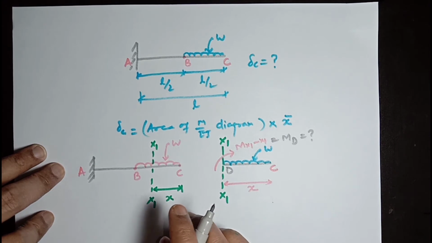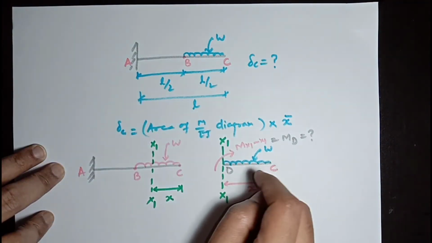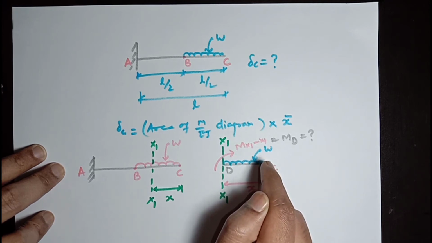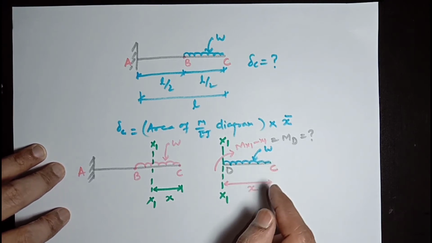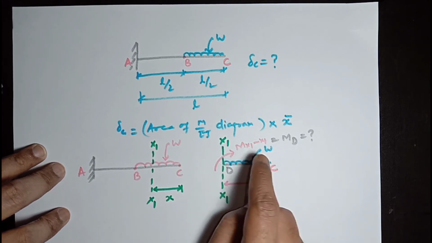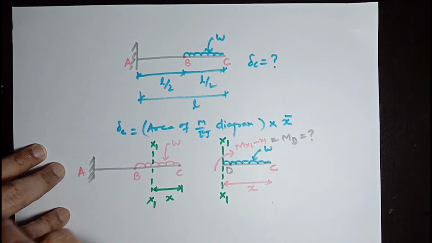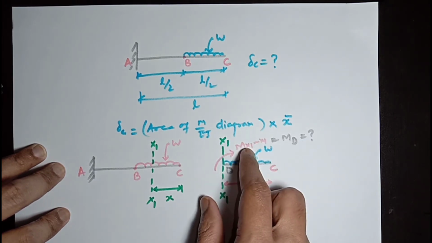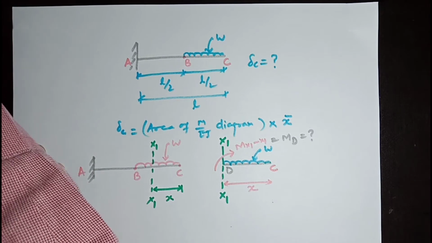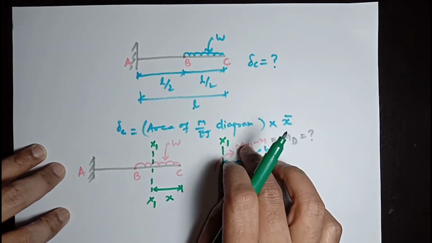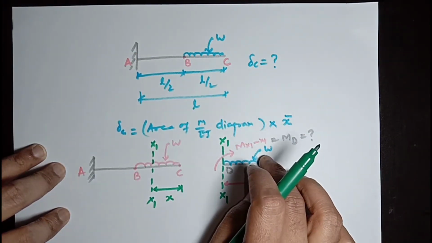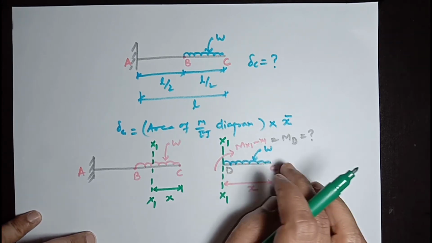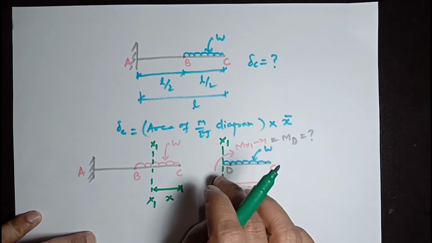This UDL loading from C to D is a uniformly distributed load, so it will be creating a moment about this point D, which will be in clockwise direction. And as per our assumption, I have taken this Mx1, or you can say MD, in clockwise direction. So summing all the moments, the applied load is also creating a moment, and adding all these moments will give the total moment at D.